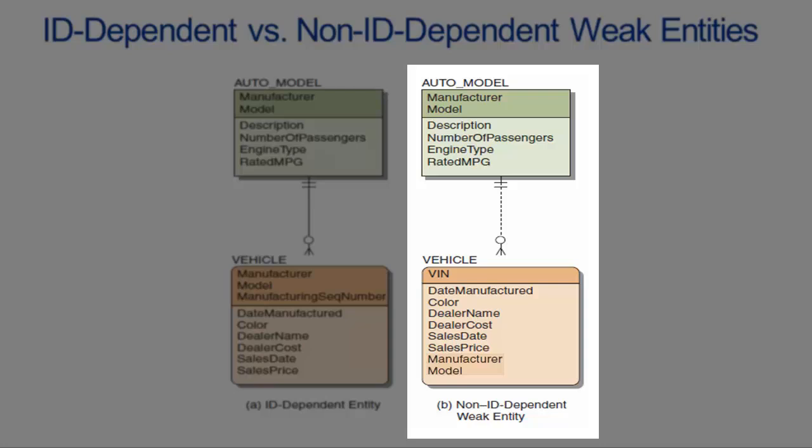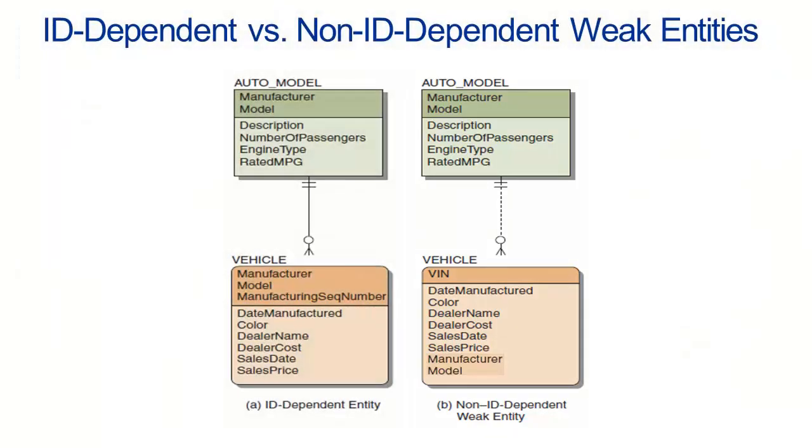And in that case, the primary key of the strong entity, auto model, does not appear as part of the primary key of the weak entity, vehicle. Instead, the primary key of auto model appears in the vehicle entity as a foreign key link back to the strong entity.